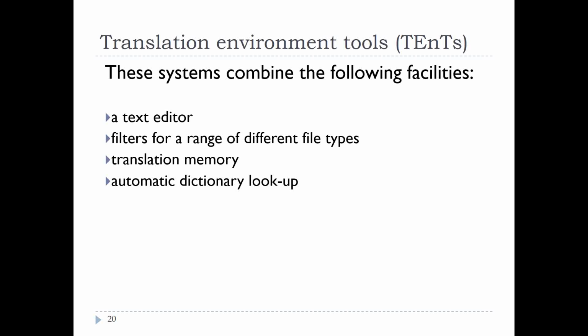and typically, each time you move on to a new sentence or segment, it will look up and present to you all the terms that it finds. It will also offer you the possibility of aligning your old translations. Now, I mentioned the term TEnTs.